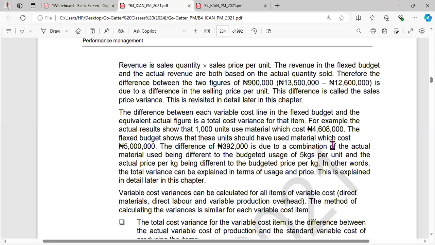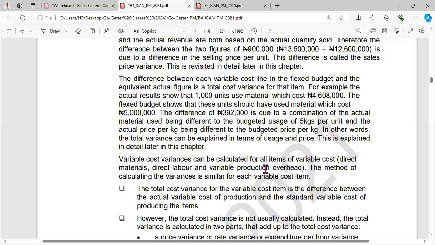The difference of 392 is due to the combination of the actual material being used against the budgeted usage and the actual price. So that's why I said it's based on either price or usage variance, which we will discuss later in part 2. The same thing applies to labor, and the same thing applies to variable overhead.